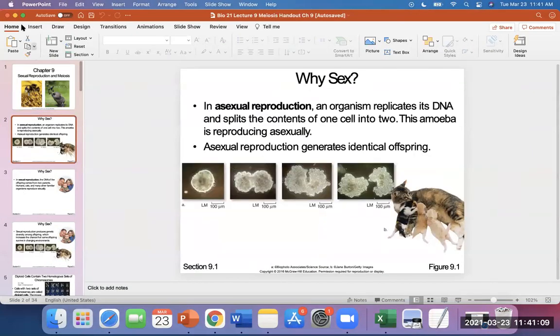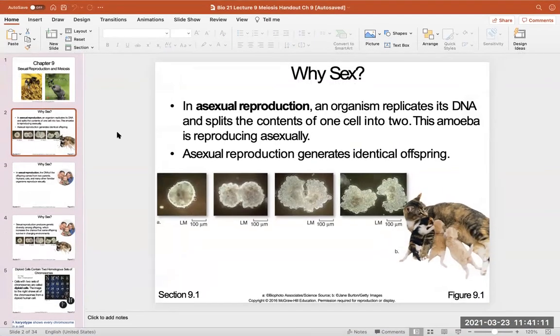I missed the beginning of chapter 9. Can you guys tell me some benefits of sexual reproduction over asexual reproduction? Genetic diversity. When is that genetic diversity useful? If there's a virus in the potatoes, since they were all genetically identical, one virus was able to wipe them all out.